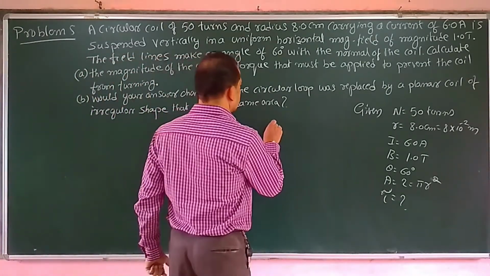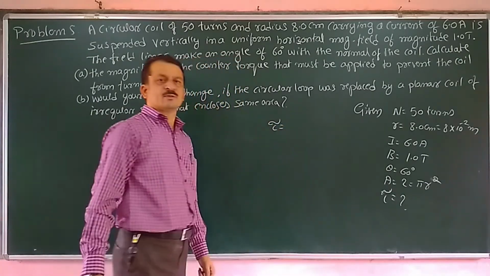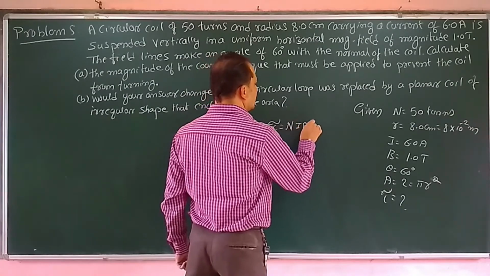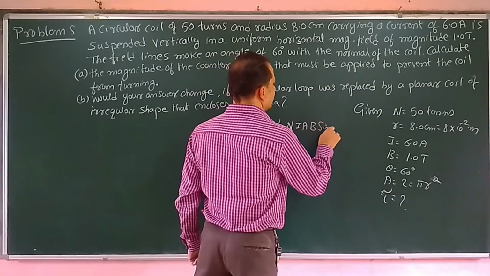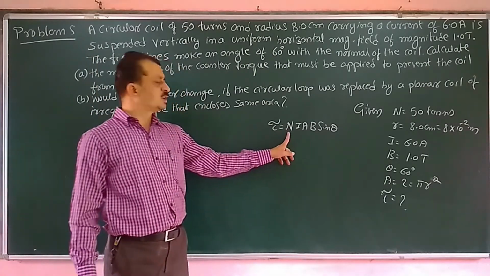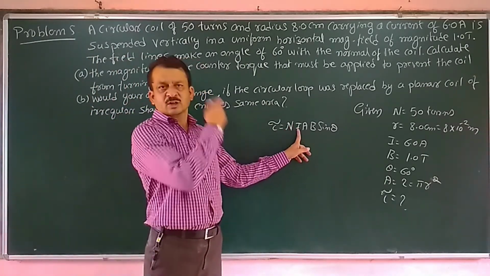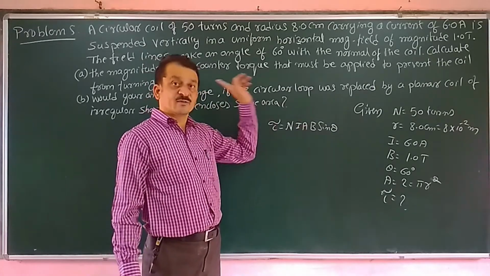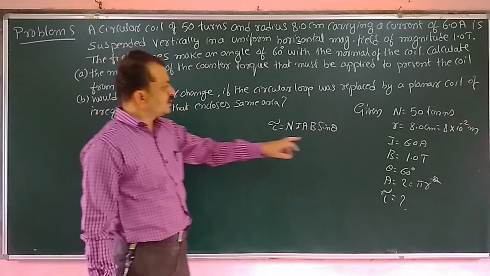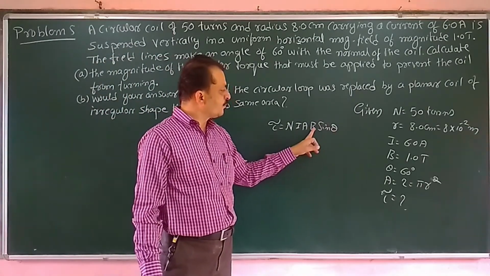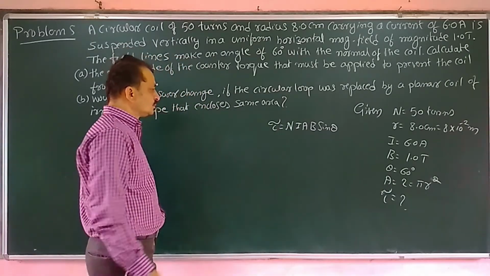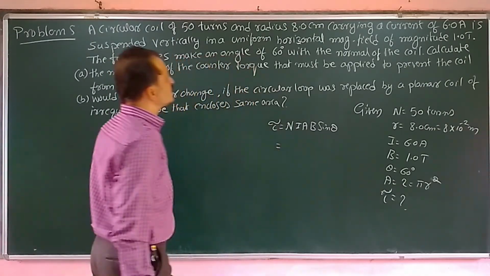The magnitude of the torque is given by the simple formula N I A B sin theta. N is the number of turns, I is current flowing through the coil, A is area of cross section of the coil, B is the magnetic field, and theta is the angle between the magnetic field and the magnetic moment. Now simply substitute and simplify.